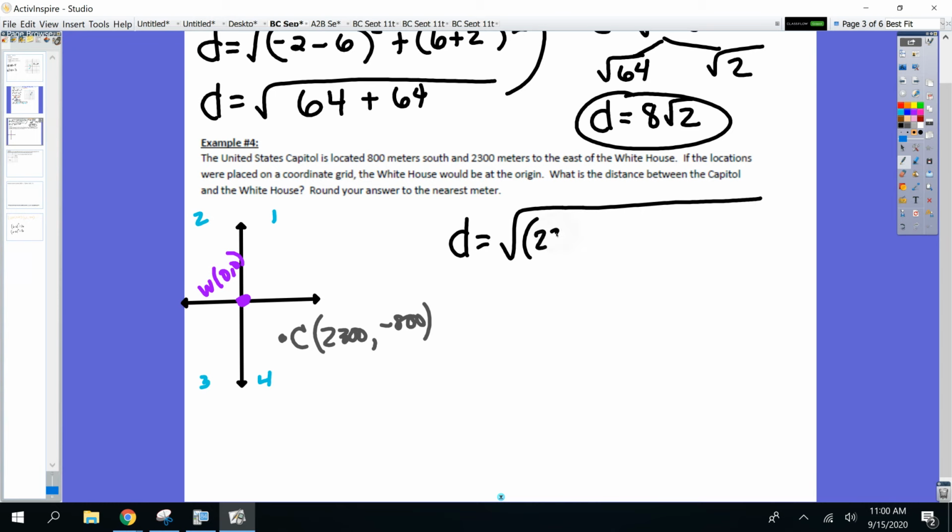Subtract your x's, order doesn't matter. Subtract your y's, order doesn't matter.